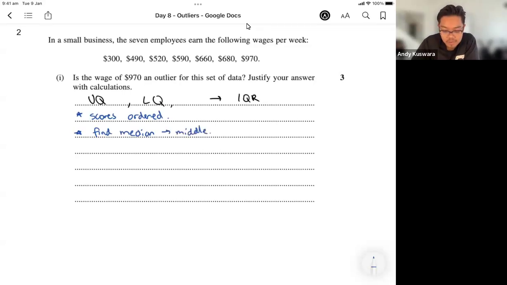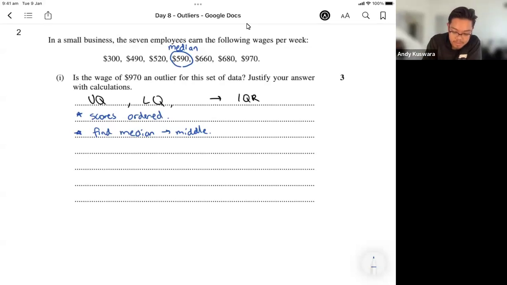Lucky for us, there's not too many scores, and I can easily see that 590 is my median. There's one score in the center, and it's very evenly balanced: 3 on the left and 3 on the right. Don't forget that if there are 2 scores in the middle, you'll have to find the average of the 2, so add them together and then divide by 2. But we're quite nice here, and so you can see that that is your median.